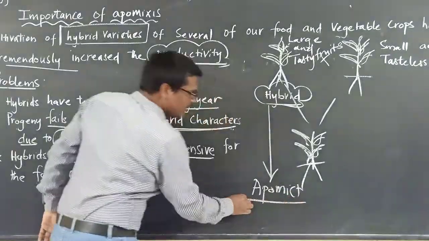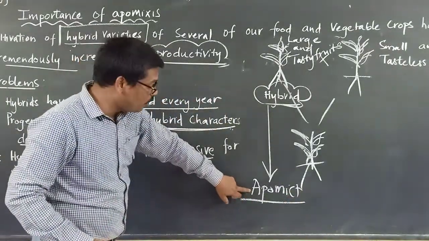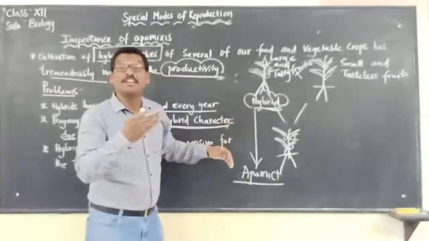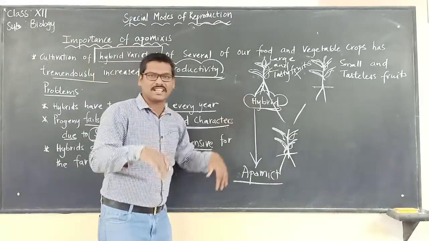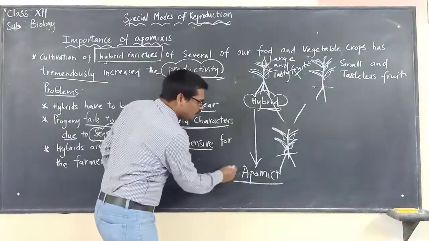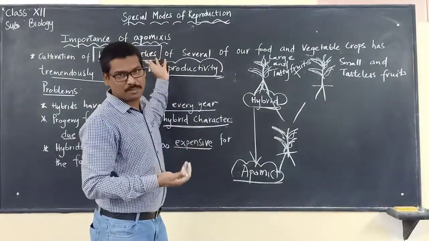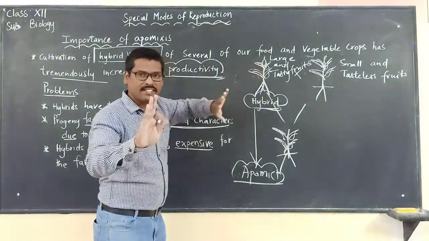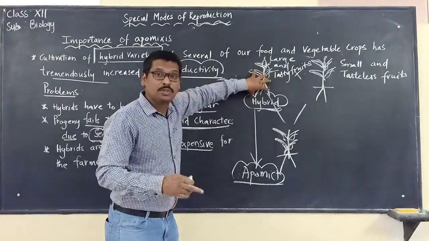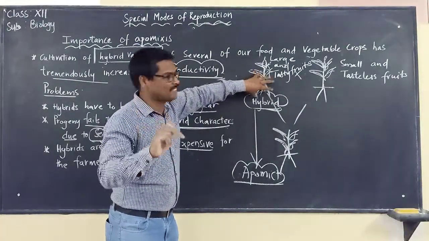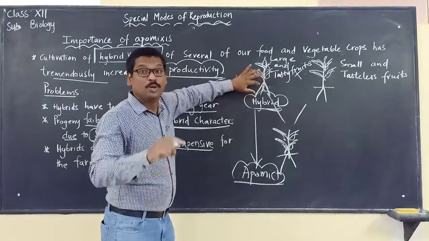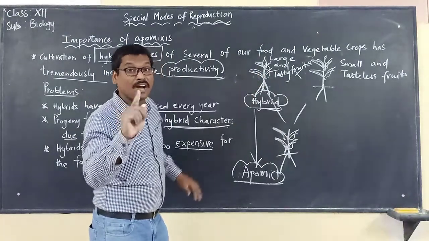What do you mean by that? If it is made into apomix, then the same characteristics will be carried to the next generation. What is this apomix again? The plant which is showing the apomixis process. In the simple sense, make this hybrid variety produce the seeds without fertilization.